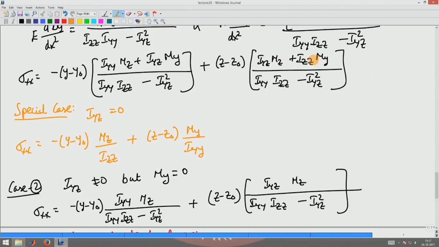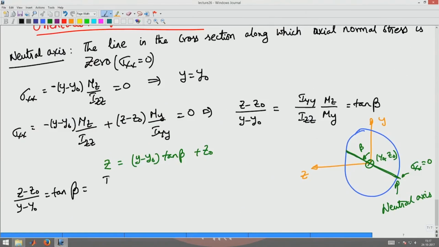So, that will be (Iyy Mz plus Iyz My) divided by (Iyz Mz plus Izz My).